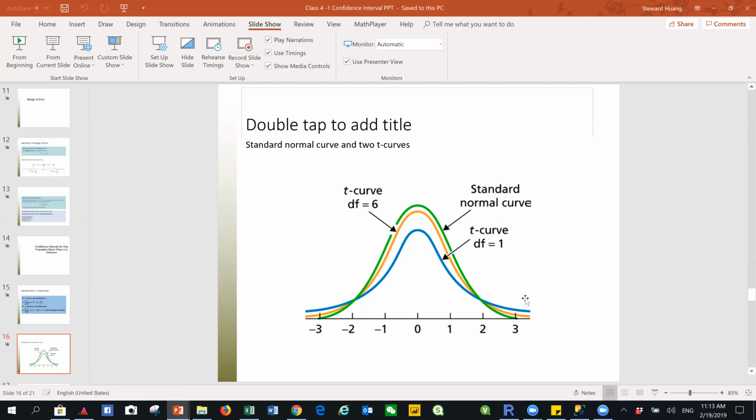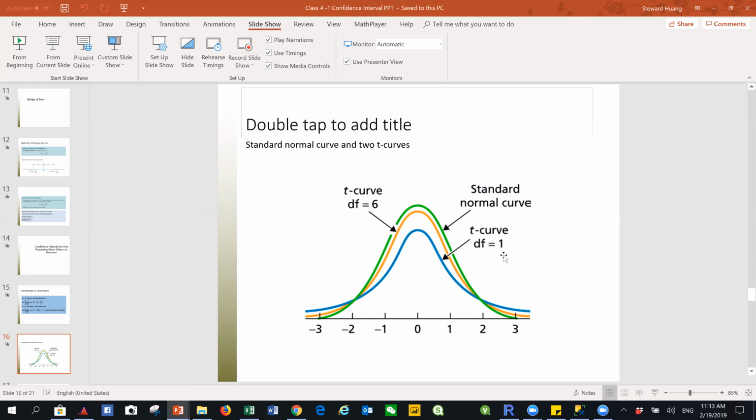The main difference is that the green curve, the standard normal distribution, is more centralized. The central area is taller, the peak is higher, and the tails are thinner. But for the blue and orange ones, their tails are heavier than the green one, and their central part is smaller, with lower peaks.